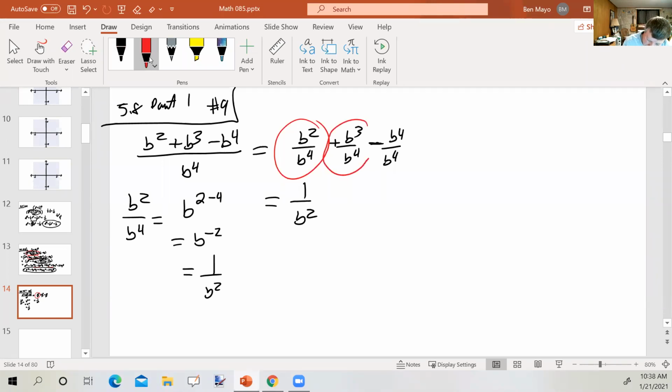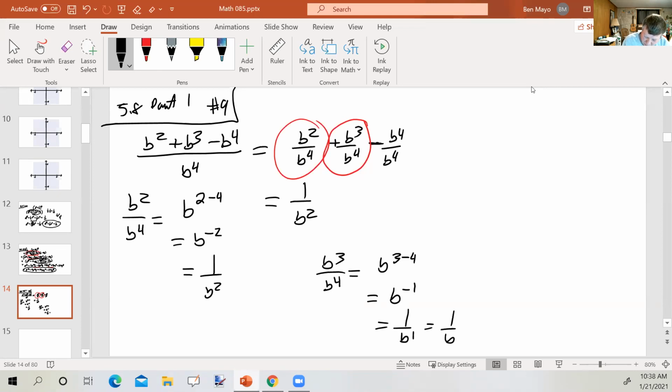Taking a look at the next fraction, b cubed over b to the 4th, which is b to the 3 minus 4 power, which is b to the negative 1 power, which is 1 over b to the 1, or just 1 over b. So plus 1 over b.